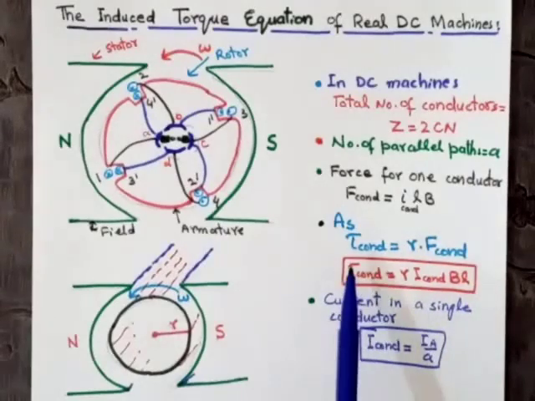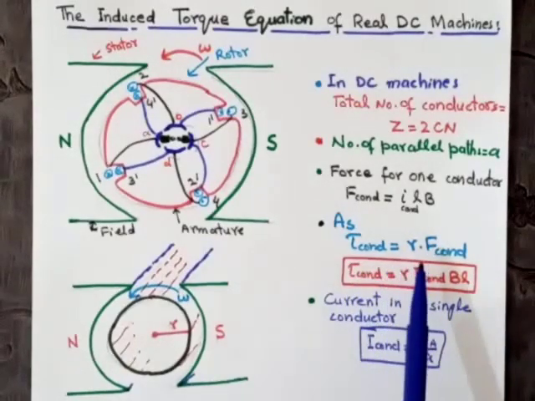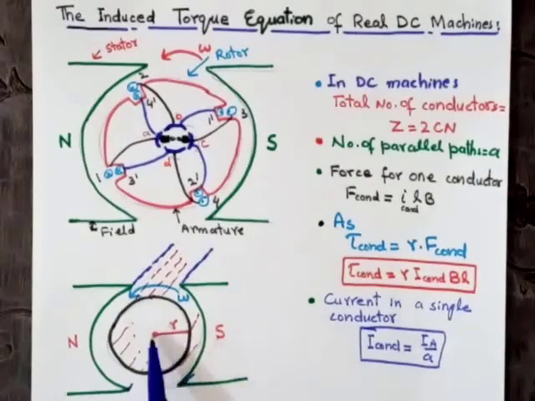As we know, torque across a single conductor is equal to R into the force across the single conductor, where R is the radius.